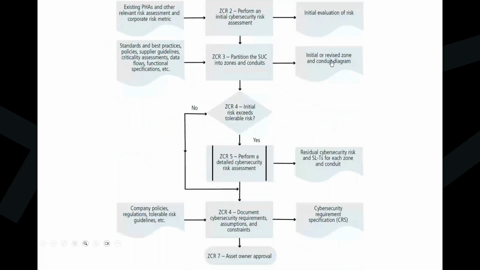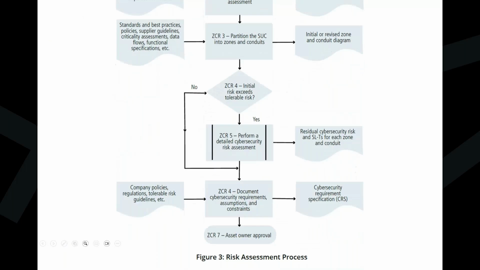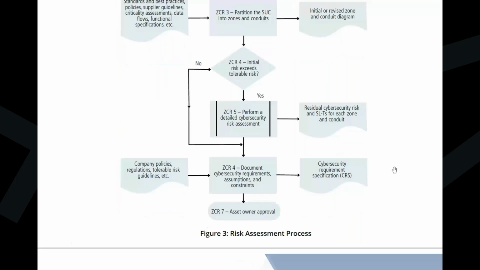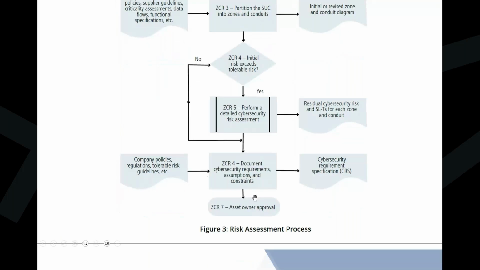If you see that the initial risk exceeds the tolerable risk, if the answer is yes, then you have to perform detailed risk assessment. And then if you still have residual risk, then you would define the target security levels for each zone. If you're done with it, you document the security requirements and submit it for asset owner approval.